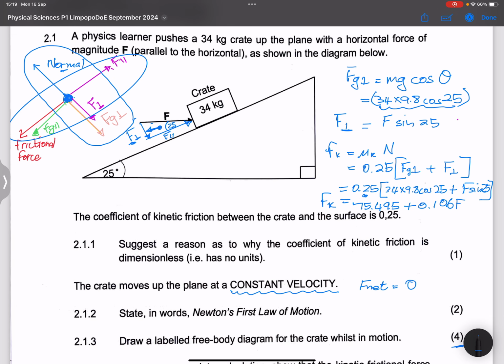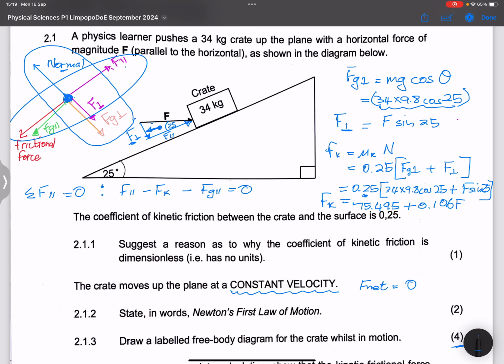So the sum of the parallel forces must be equal to 0. So now what forces do we have? We've got F parallel, okay? We've got minus frictional force, minus Fg parallel, and this is equal to 0.